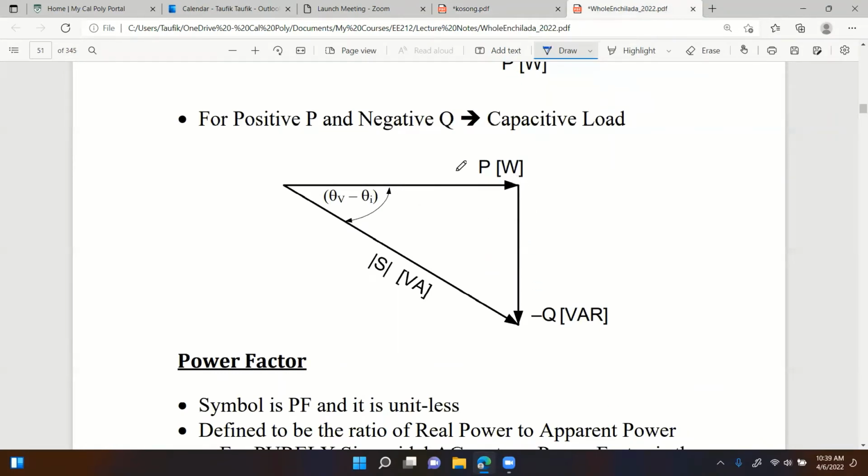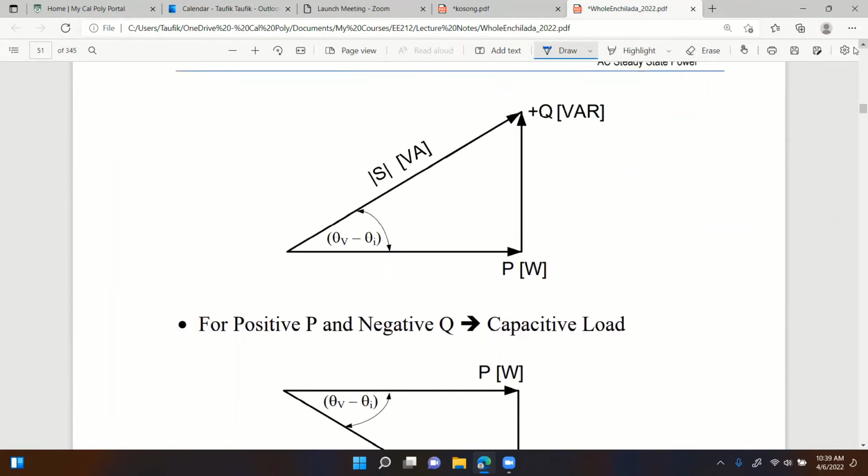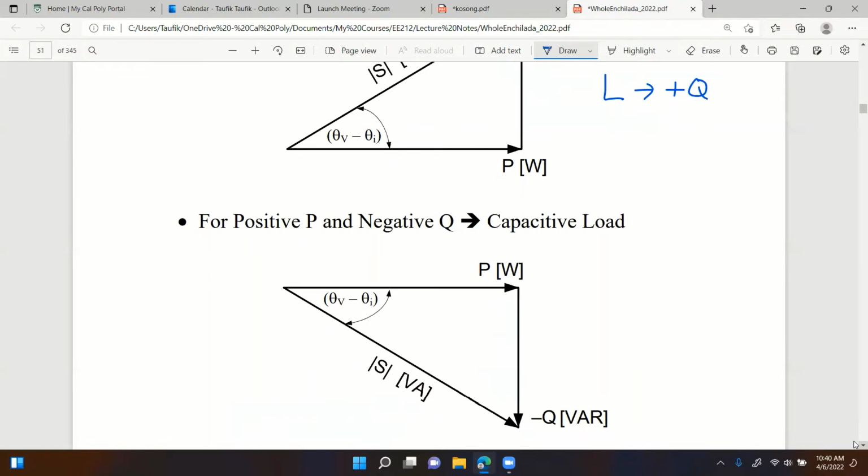It's the same positive P, but then the Q is negative. We learned in one of the previous sections that if you have positive Q, this power triangle comes from an inductive load, because we know that L gives us positive Q. And for the other triangle right here, you can see that Q is negative.